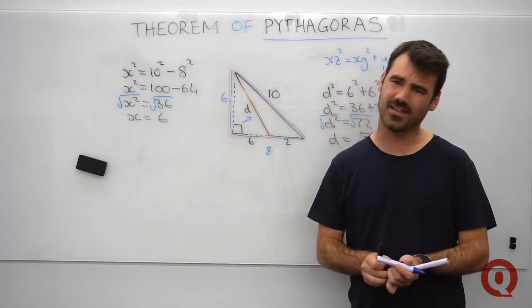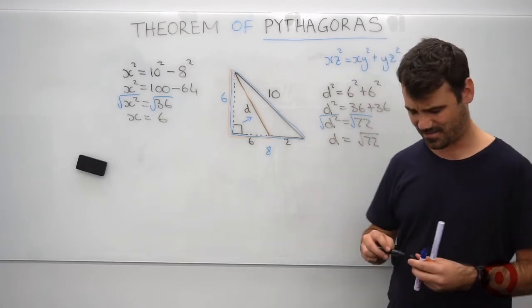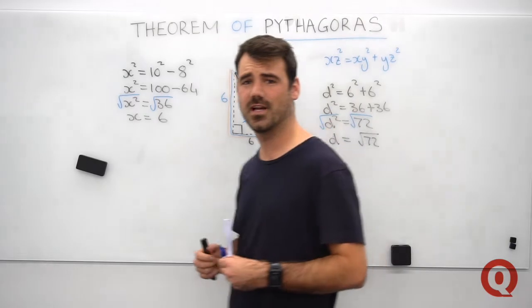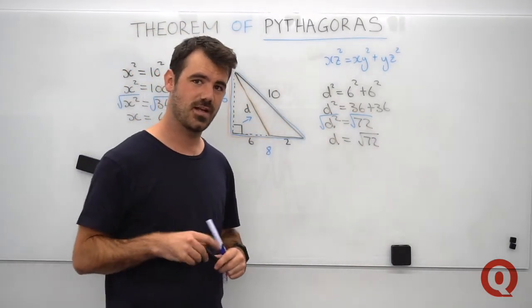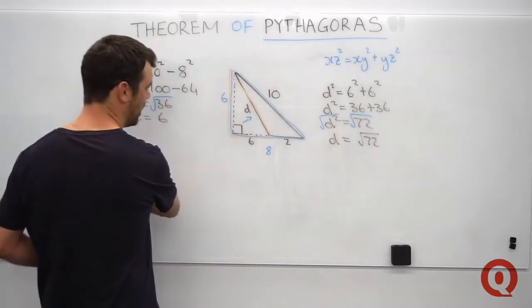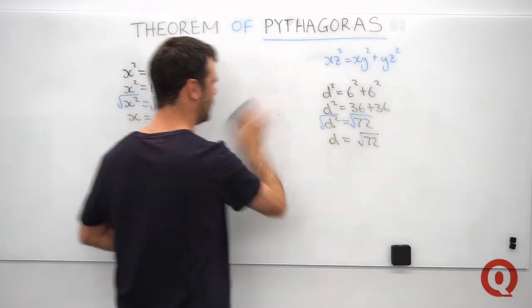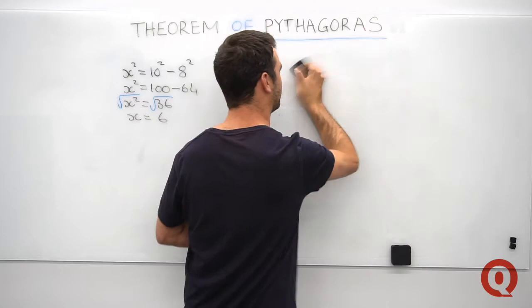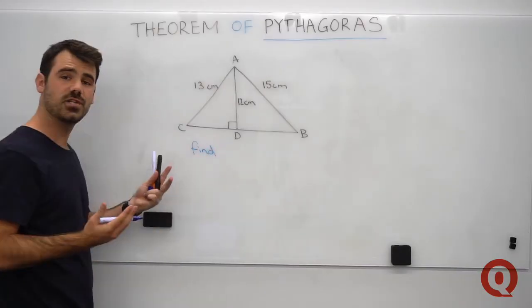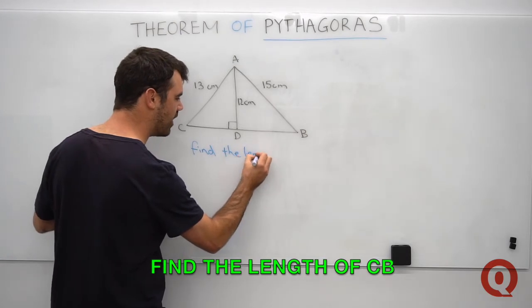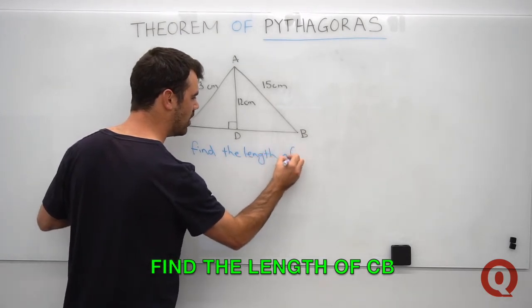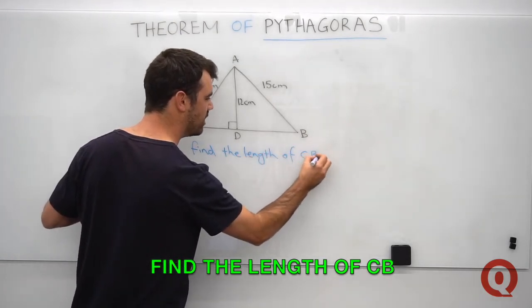So don't think that I'm just going to leave you here and this is going to be it, because I'm going to give you guys at home a chance to solve a question. This is what I want you to do for me. I want you to take this down, and I want you to find the length of CB.